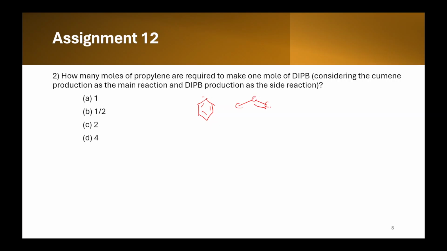It will be already 2 bonds to CH2. This already has 3 bonds to CH, and this is CH3. So this is benzene plus propylene. It gives us isopropyl benzene.